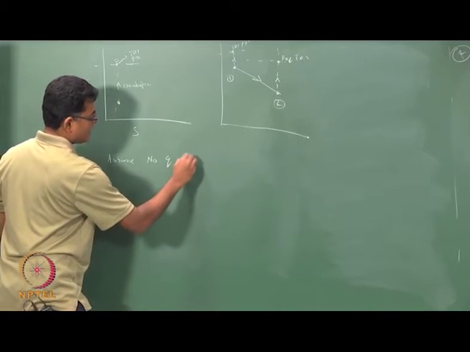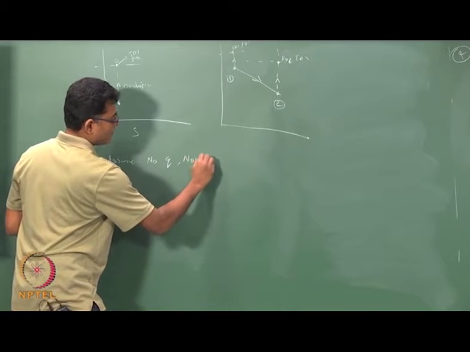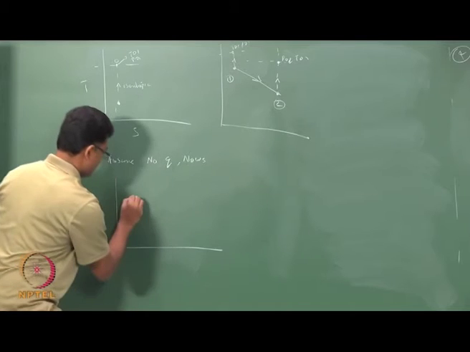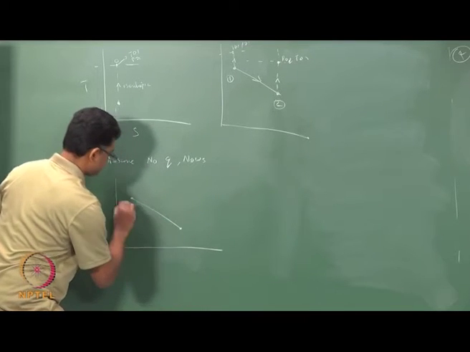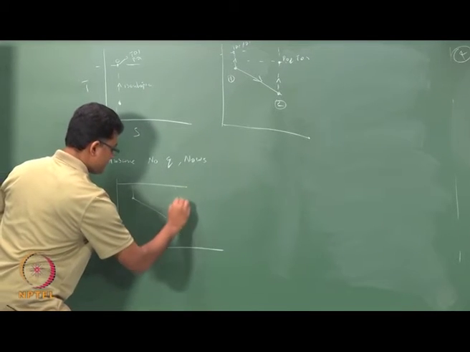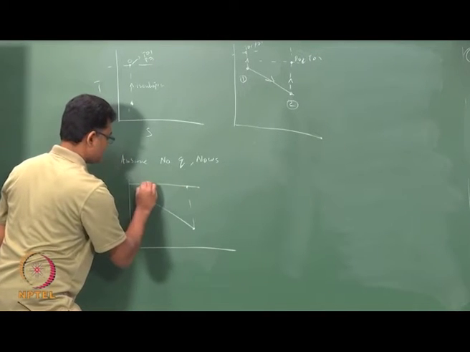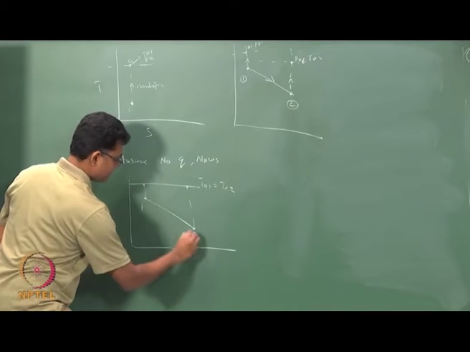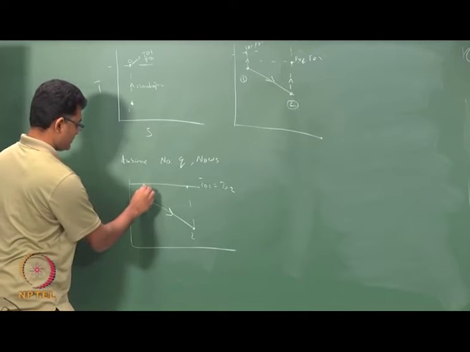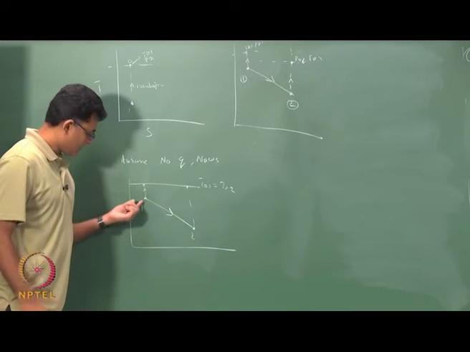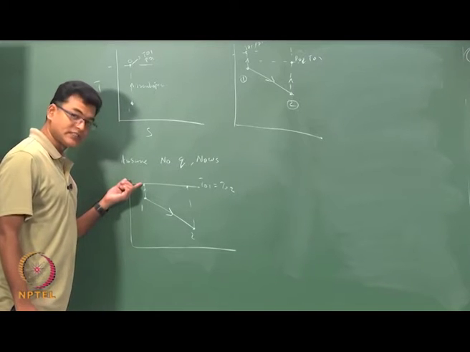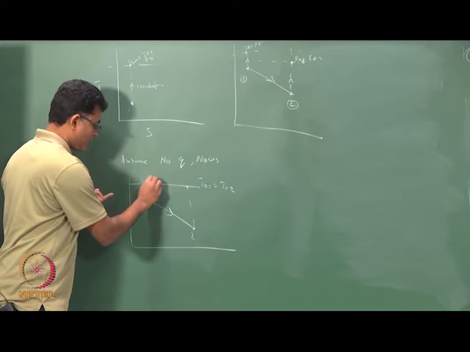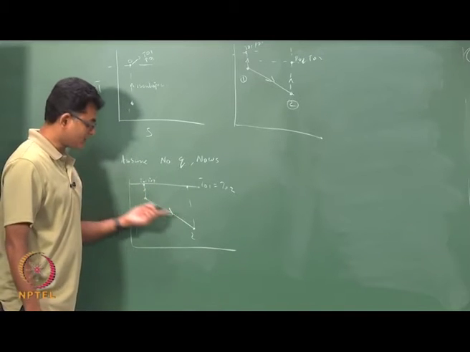Now, if I assume no heat transfer and no shaft work, then my 1 to 2 has the same stagnation temperature. This is 1, this is 2. So, the imaginary process at which state 1 is taken to the stagnation point will have T01 and P01, that is an isentropic process.